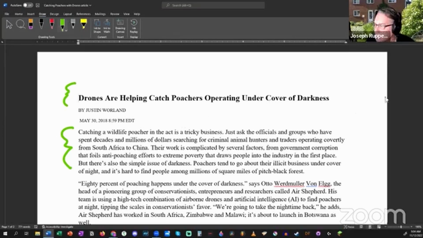All right, so let's start with our title. Here's our title: Drones are helping catch poachers operating under cover of darkness.